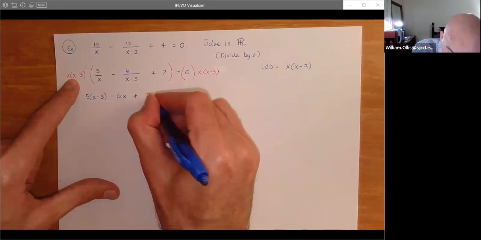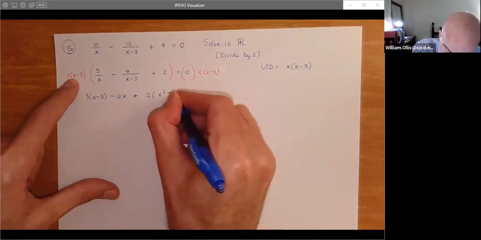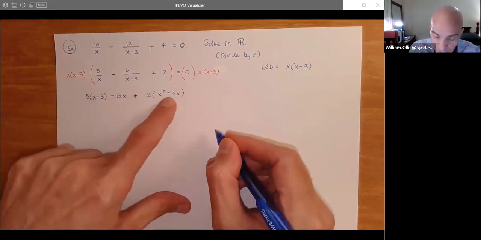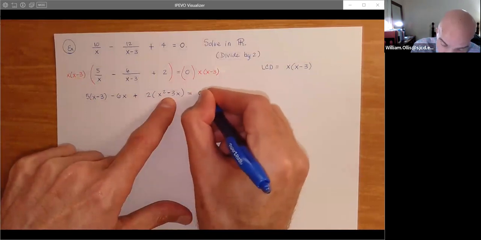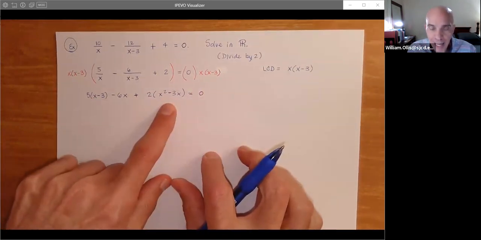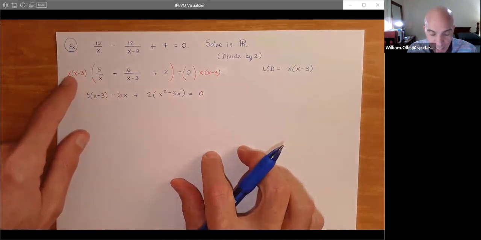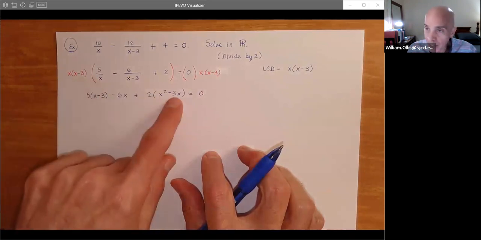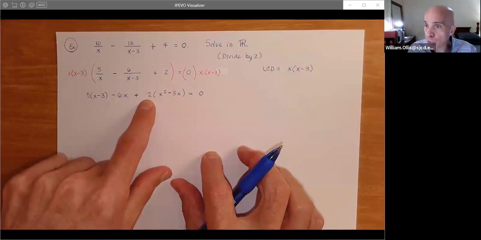But if you like, we can just go ahead and write that out. That'll be 2 and multiply. That'll be an x squared minus a 3x. Go ahead and multiply the x times the x minus 3 here to get that. And then, of course, 0 times anything is 0. So to save us a little bit of time, since none of these absorbed, I just went ahead and multiplied x by x to get x squared and x times negative 3 to get negative 3x, and then, of course, hit both of those terms with a 2.